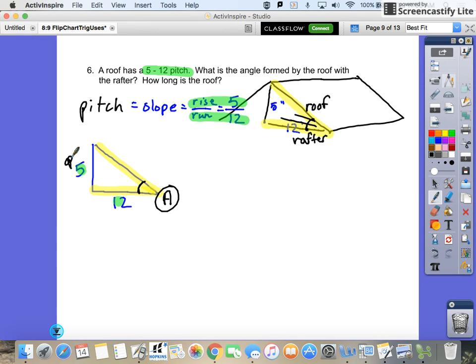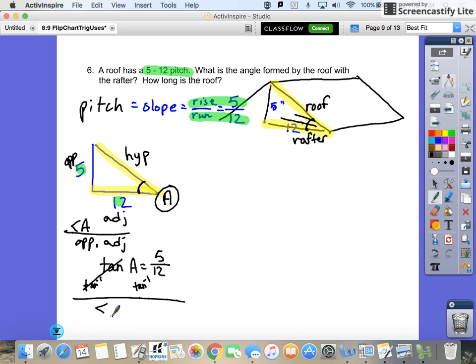That means this would be the op, height, and adjacent. So we're looking at the opposite and adjacent to find angle A, because those are the two sides we were given. So opposite and adjacent is tangent. Tangent of angle A is equal to opposite over adjacent, and we need to do inverse tangent to solve.